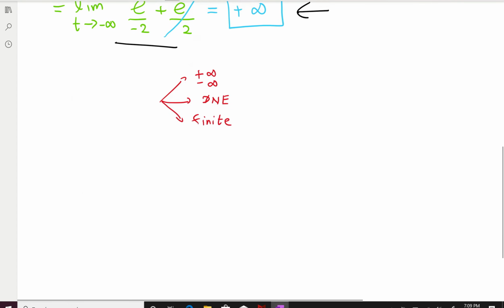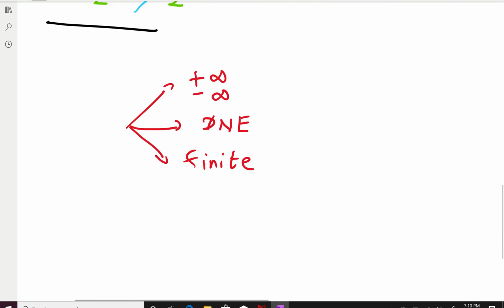Now, based on the answer that you get, you classify the integrals as convergent and divergent integrals. If you get a bad case, that means plus infinity, negative infinity, or the limit does not exist at the end of the problem, then your integral is divergent, not the limit. The integral is divergent.